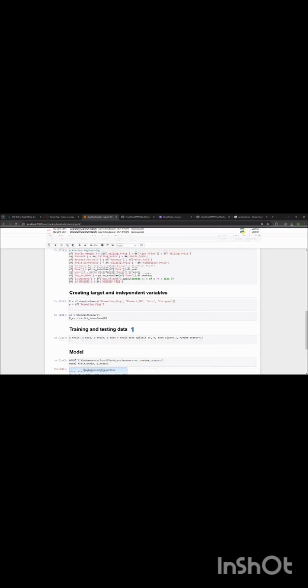Next, we move on to the loading of the data. Here, I have just created the data using NumPy and Pandas, or we can also load the data from various other sources. Then, after loading the data, I've segregated it into dependent and independent variables. In my data, I have columns like selling price, competitor price, and stock level.